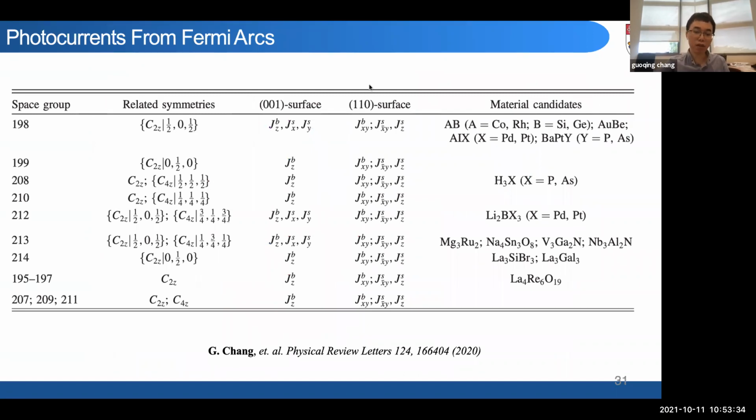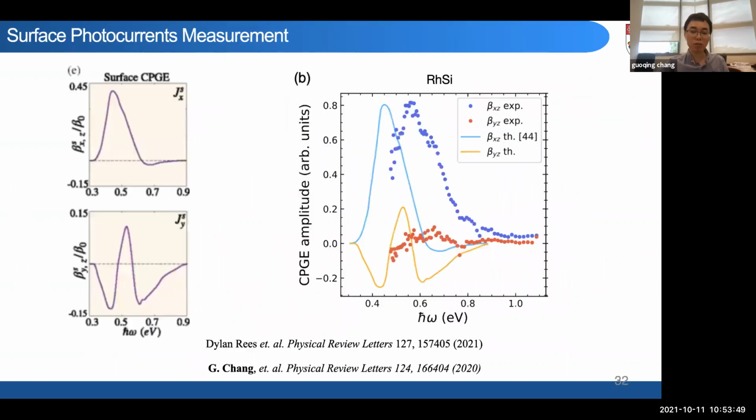So I further generalize my theory to other cubic chiral space groups and indicate which class of material we can detect the surface photocurrents, and which class of material we can only detect the bulk photocurrents. Here, the left panel is my simulation of the surface photocurrents in the IHSI material.